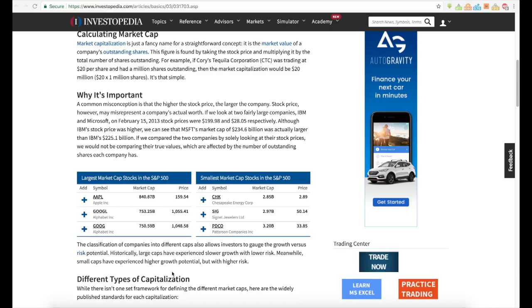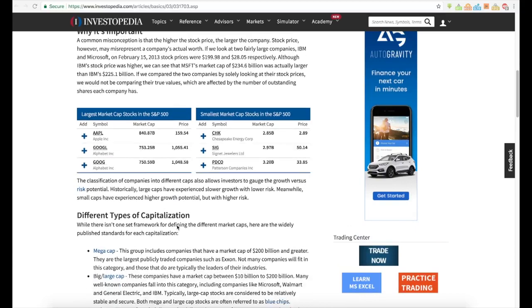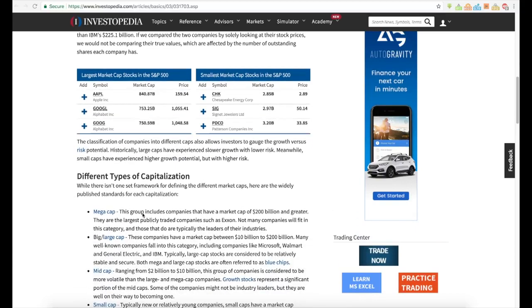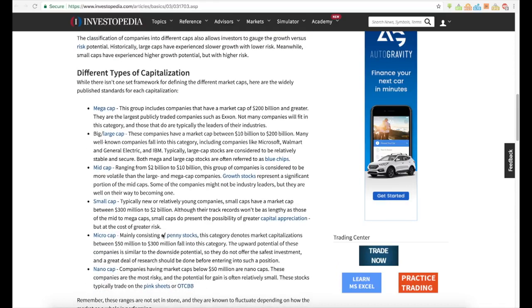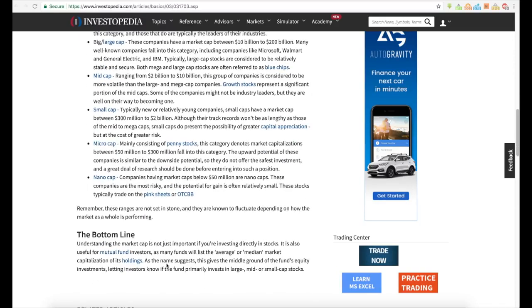So IBM or Microsoft, whichever one has the higher number, obviously has the lower circulating supply, which would indicate the higher per stock price. A lot of you already know that. So that's where it also comes in: mega cap, large cap, mid cap, small cap, micro cap, nano cap. The bottom line, understanding the market cap is not just important if you're investing directly in stocks.